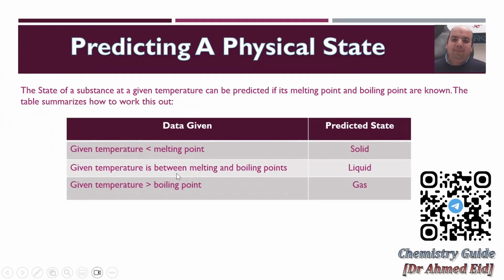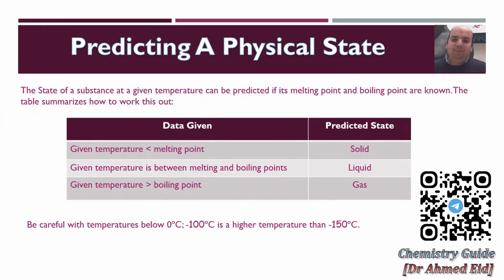If the given temperature is between the melting and boiling point, the substance will be liquid. If the given temperature is higher than the boiling point, the substance will be gas. Be careful with temperatures below zero. Remember that minus 100 degrees Celsius is a higher temperature than minus 150 Celsius.